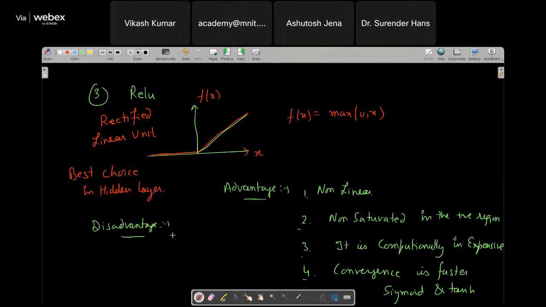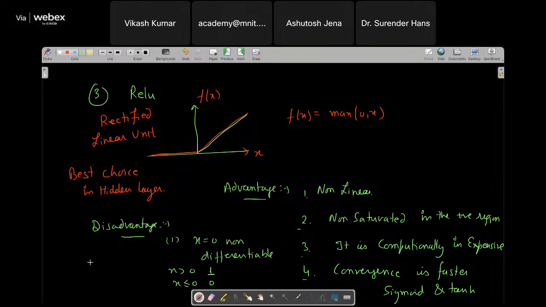Now come to the disadvantage side. The biggest disadvantage is that it is not completely differentiable. At x equal to 0, it is non-differentiable. For x greater than 0, the gradient is 1, and for x less than or equal to 0, it is 0.